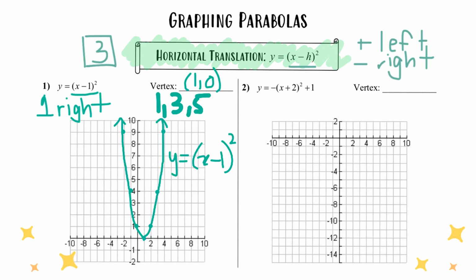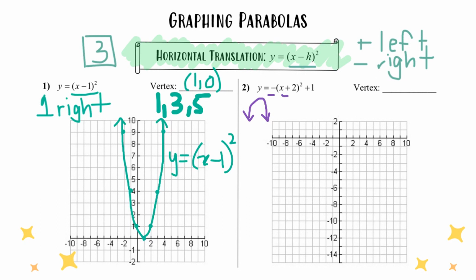Now, as we are progressively learning more translations, I'm trying to give you examples that have a little bit of everything. So for example number 2, this is the first example you've seen that's a little complicated because now we have 3 different transformations. The first one, I see a negative sign. So that means it's a reflection in the x-axis, and our parabola is going to flip over and open downwards like this.